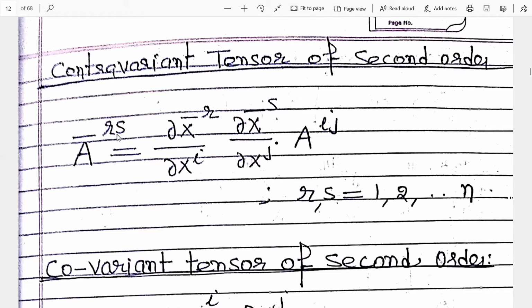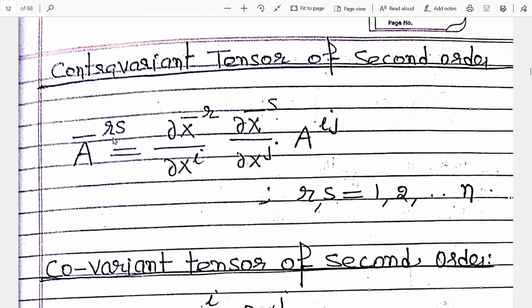Now it has two indices, one is R and second is S. This can be written in this form A ij, A raised to power ij. So first write this A bar RS, then equal to A ij in second order.